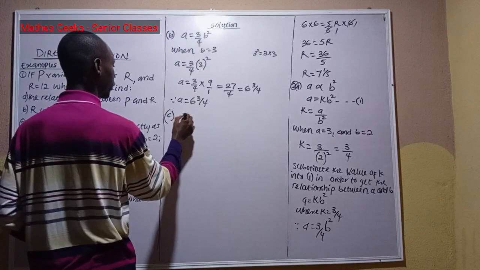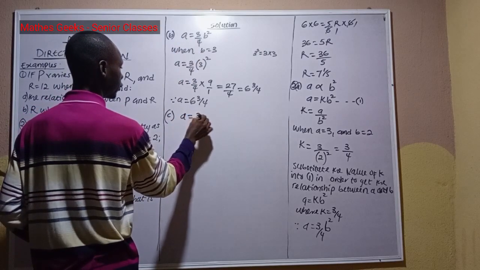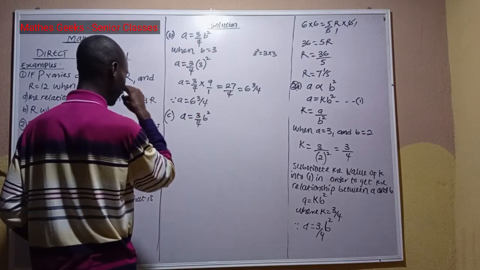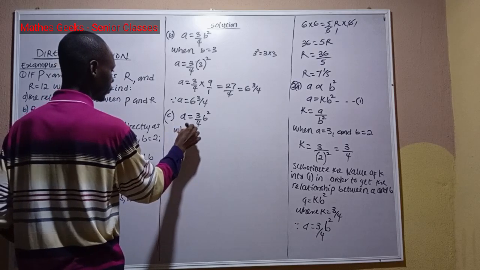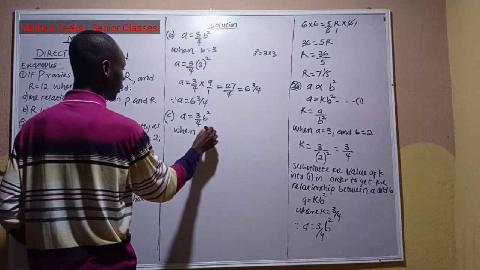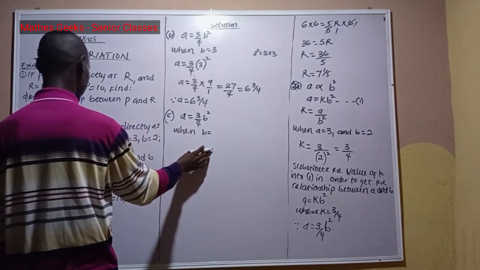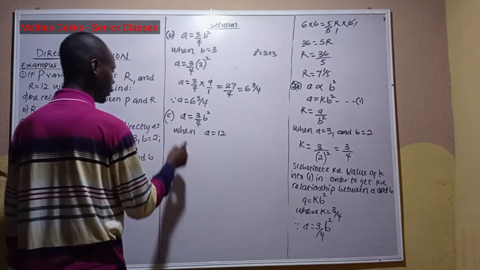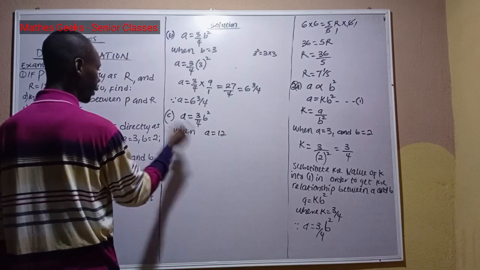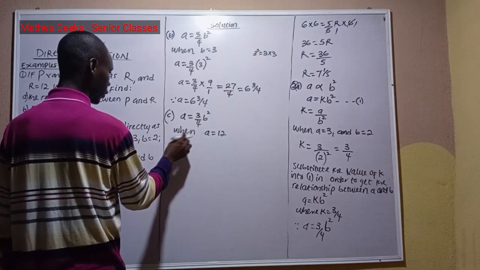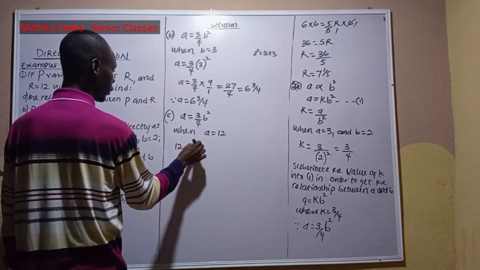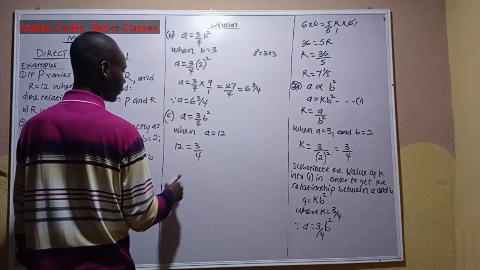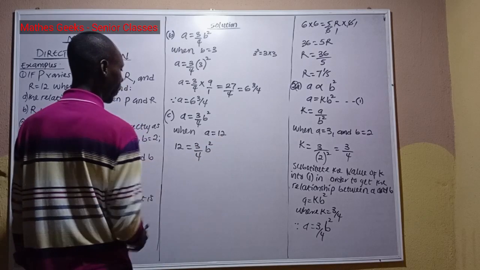So write our formula again. A is equal to 3 over 4 B squared. So when A is equal to 12, we find B. So 12 is equal to 3 over 4 B squared.